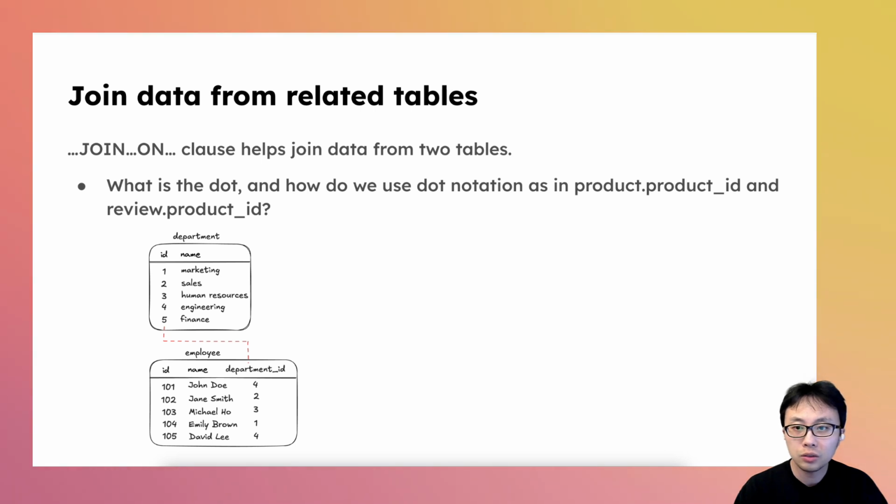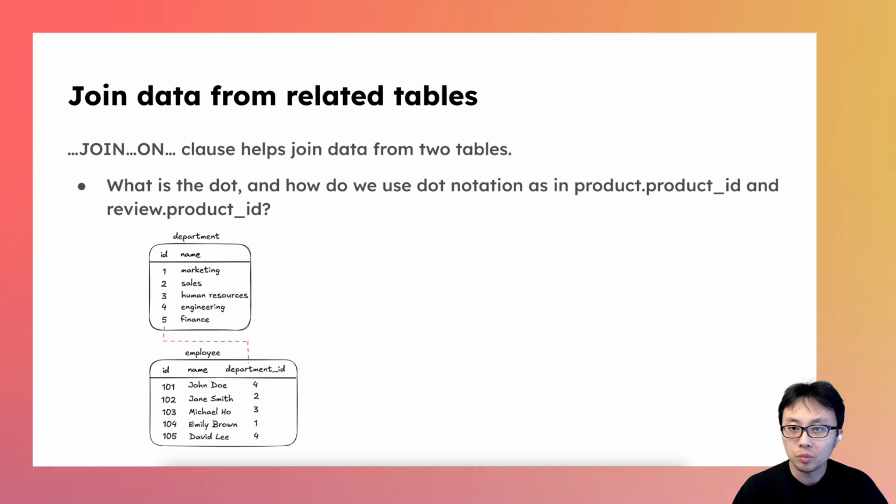For example, you have 2 related tables, employee and department, here on the screen, and you want to join them to get the names of the departments to which employees belong. However, both tables have a column named name, so you need to use the dot notation to specify which name column to select.